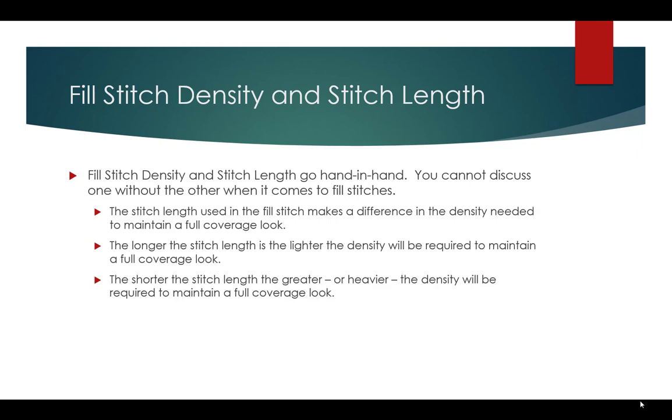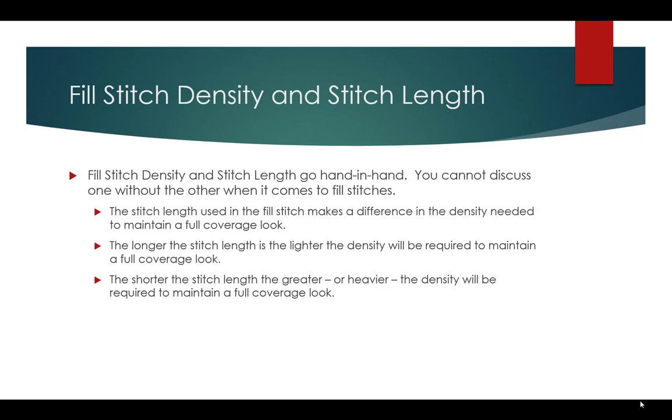The stitch length used in the fill stitch makes a difference in the density needed to maintain a full coverage look, meaning you don't see any fabric through. So the stitch length will actually affect the density that you need to use to create that full covered look over the top of your material.